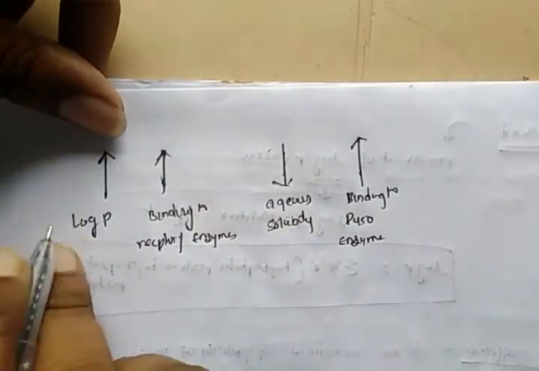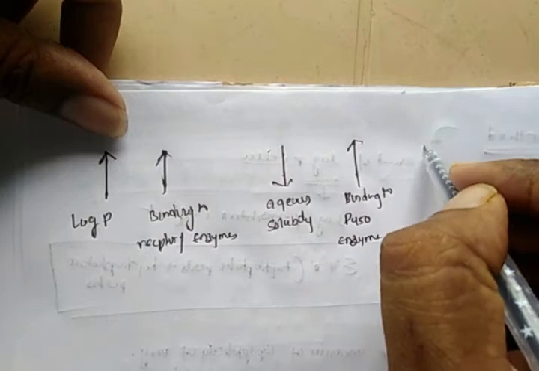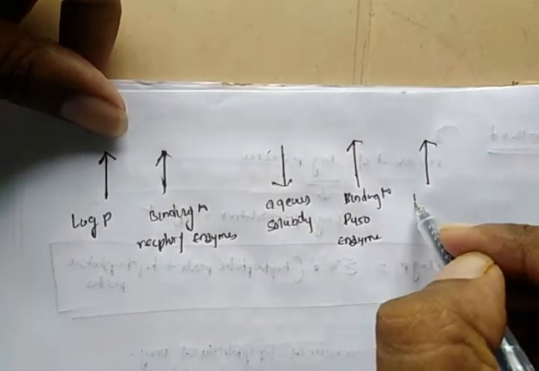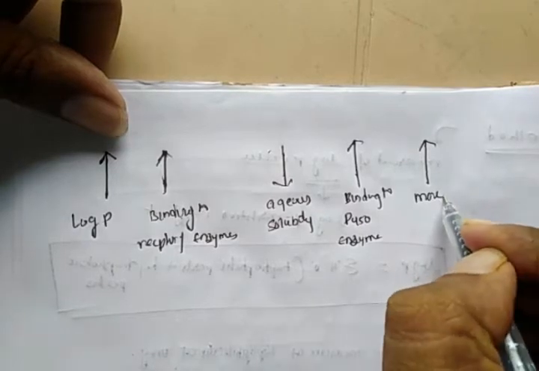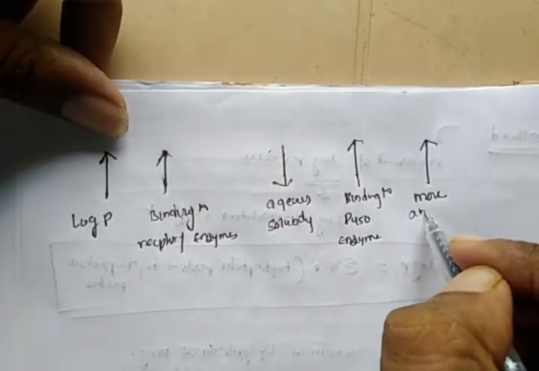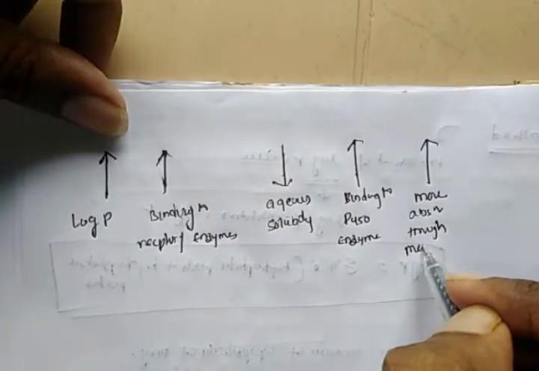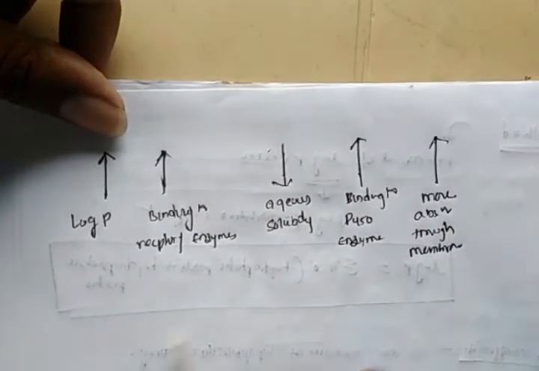P450 enzyme binding affinity will be increased. If the drug has a high log P value, it has more absorption through the membrane. Absorption will be more for a drug having a high log P value.